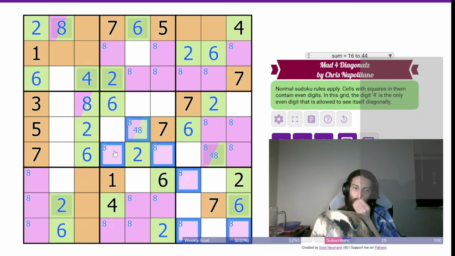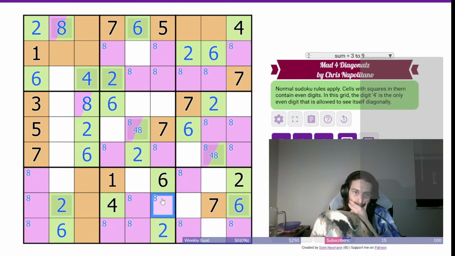There again, in box 8, the center bottom. Not that one, cell 8, yeah. Sees all of them in box 9.